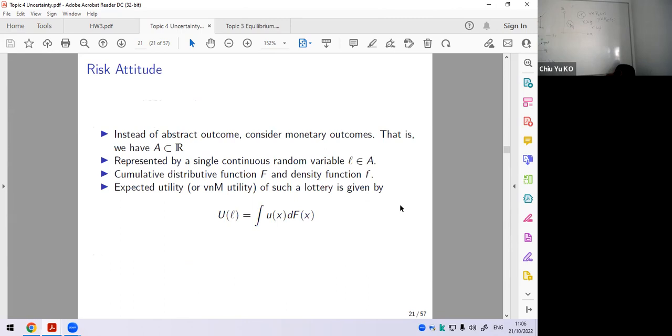Okay. So from now on, we will focus on a much simpler framework to get some concrete results, because that is as far as we can get if we still keep abstract outcomes. So we focus on the simplest case, where our outcome is one-dimensional. Okay, it's just a real number.